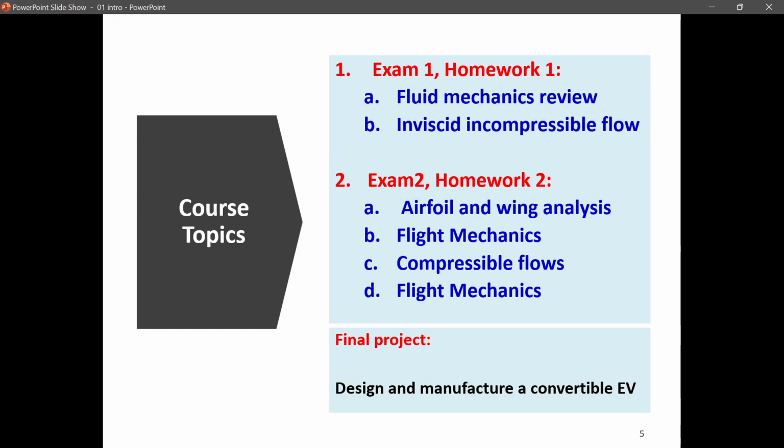Does anything differ between what grad students and undergrads have to do for the final project? No. The short answer is no. The difference is that graduate students should take the 700 level course.